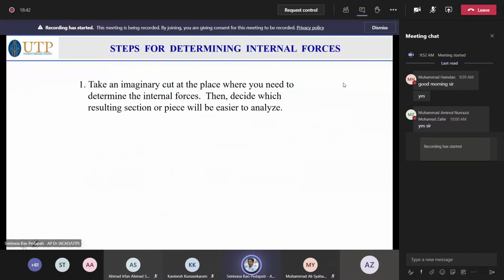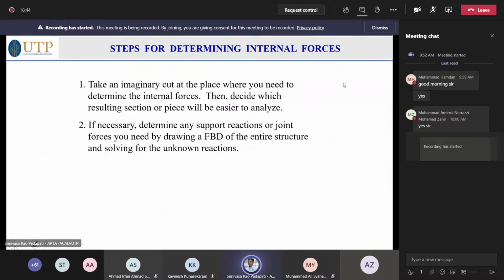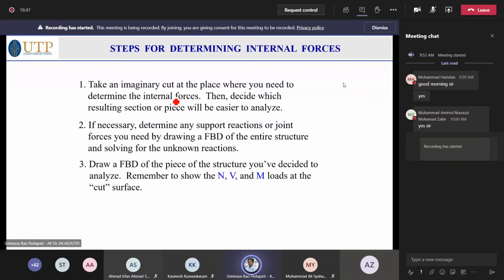With this, we have some steps established in the last class. Take an imaginary cut at the place where you need to determine internal forces, then decide on the resulting section of the piece.